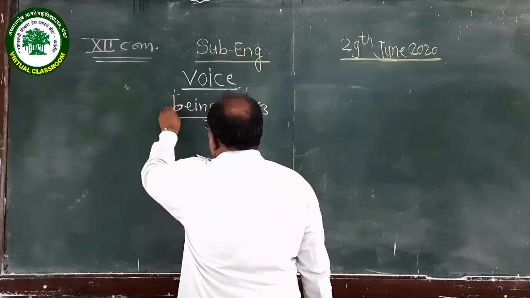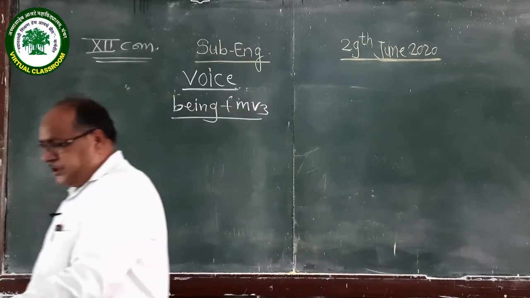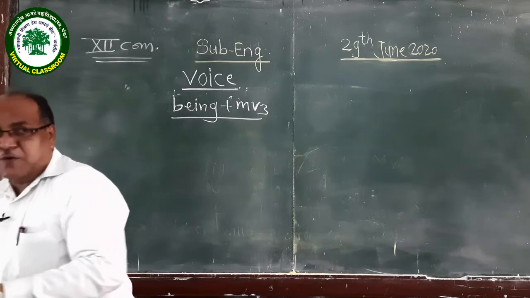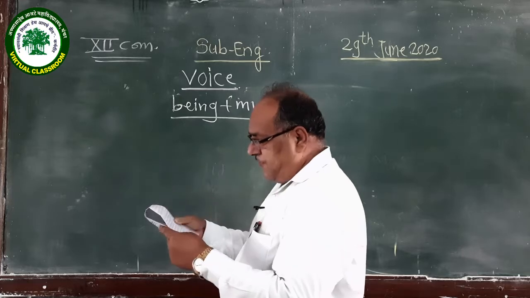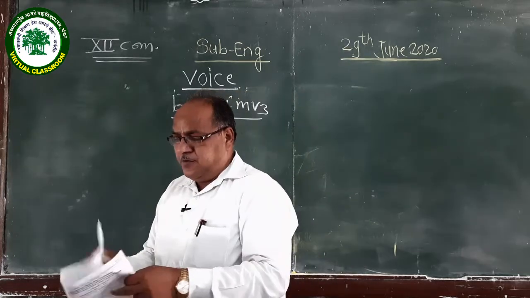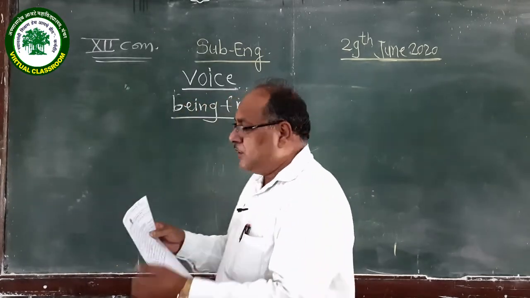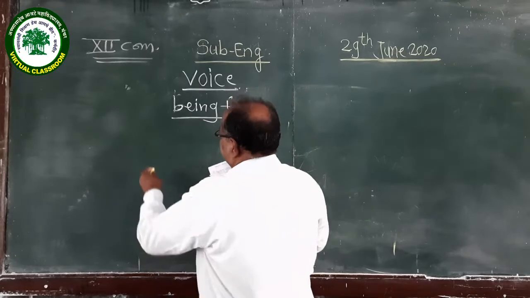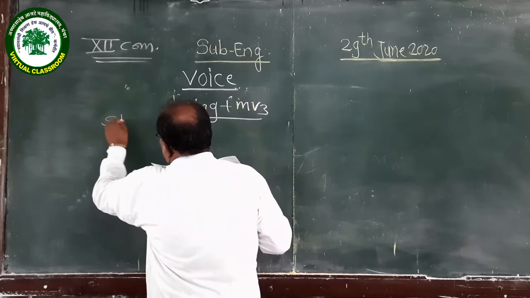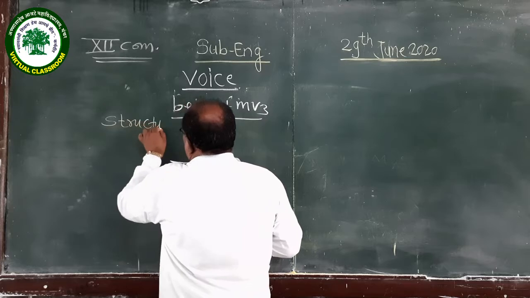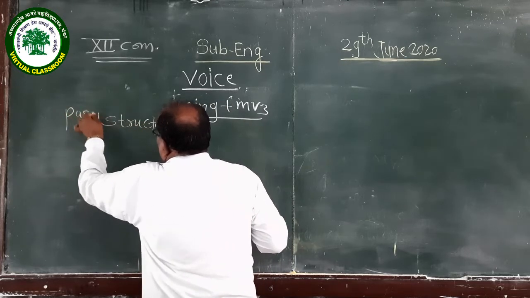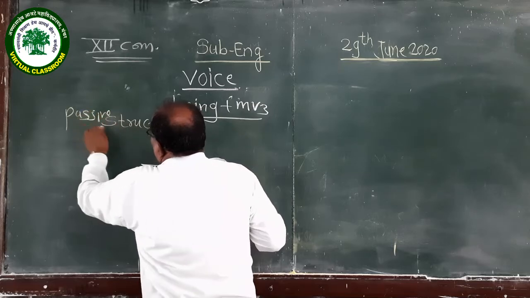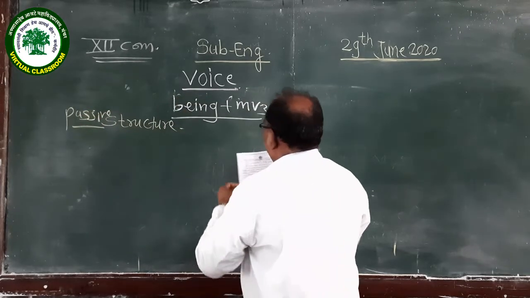In a sentence in present continuous or past continuous, after the form of to be in passive form, being and MV3 should be used. For example, first of all we are going to discuss the structure of this type of sentence, the passive structure. What is this passive structure?